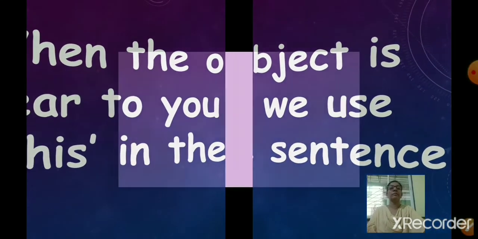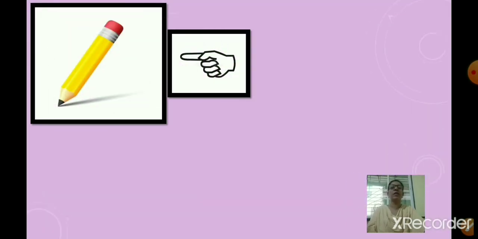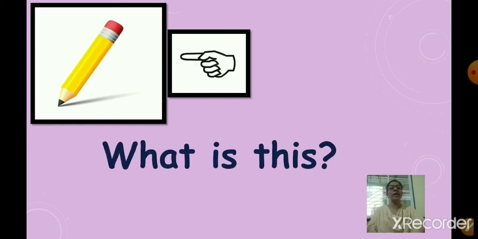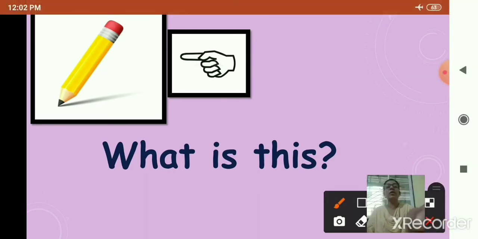Now, look at this picture. What is this? Why did I use what is this? Because the object is near. So I used this in the question. What is this?